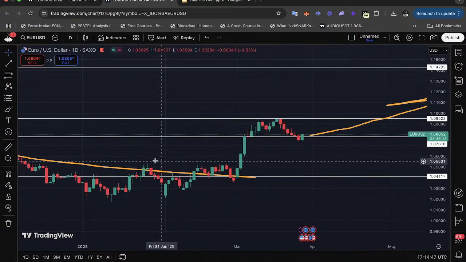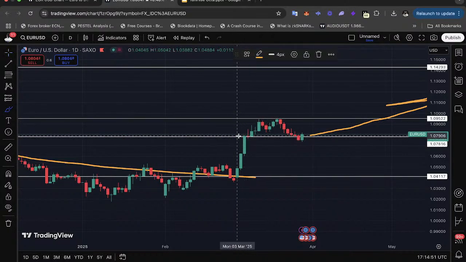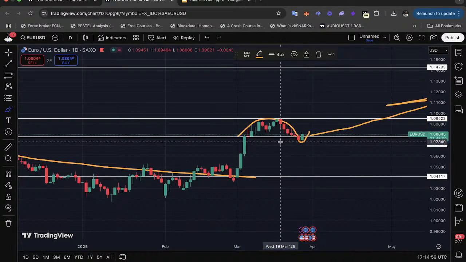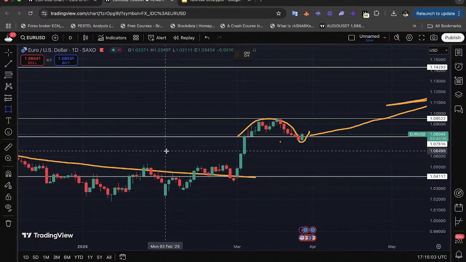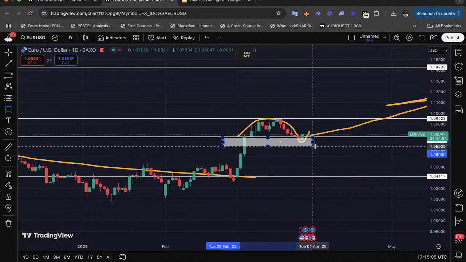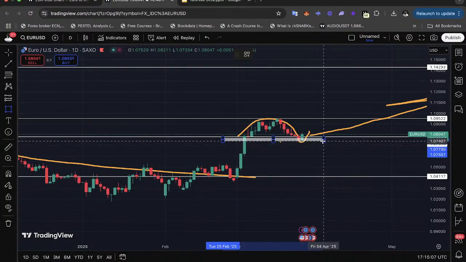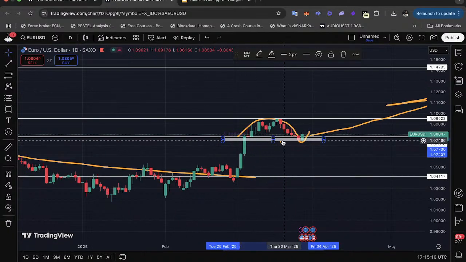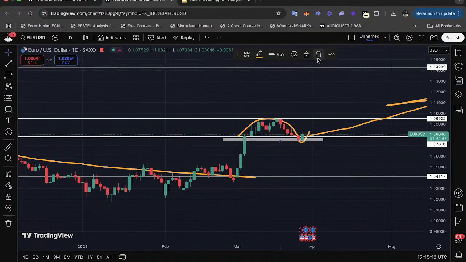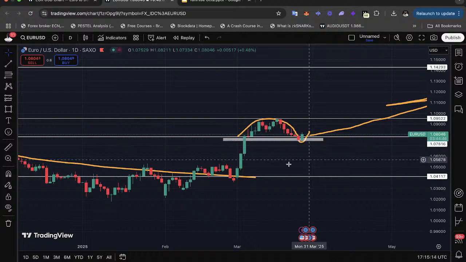Okay, so now the retest has happened, and we can see a pushback up from the support zone.